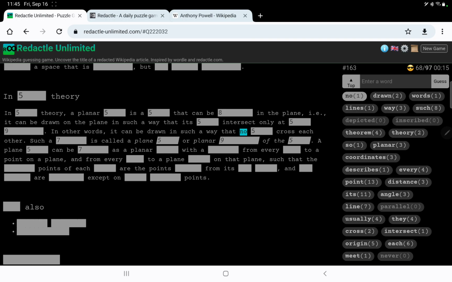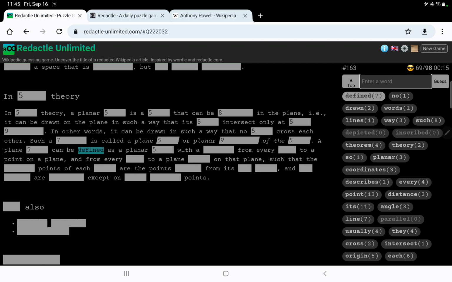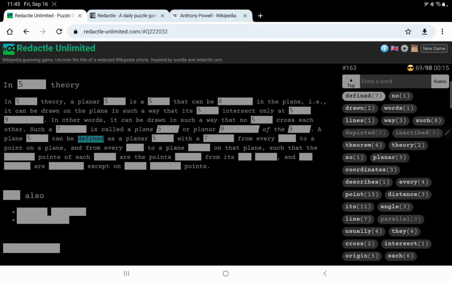A plane defined. Oh, this five letter something from every something to a point in a plane, and from every something such that the various, no. What would you call the points at the far end of a line?